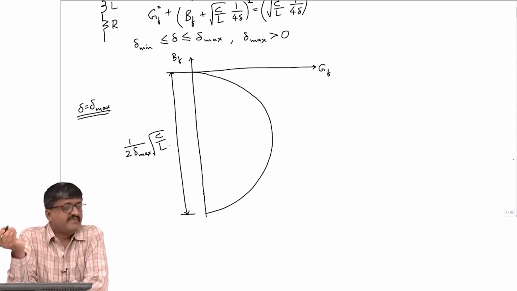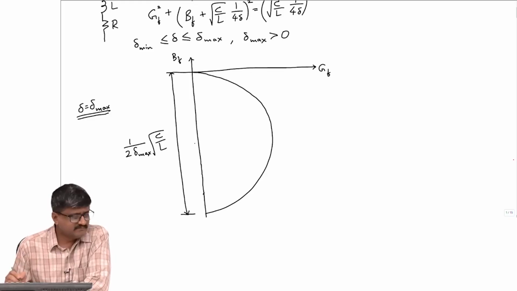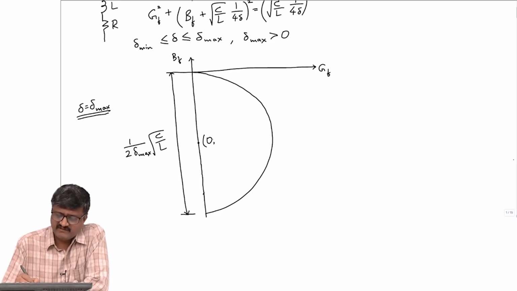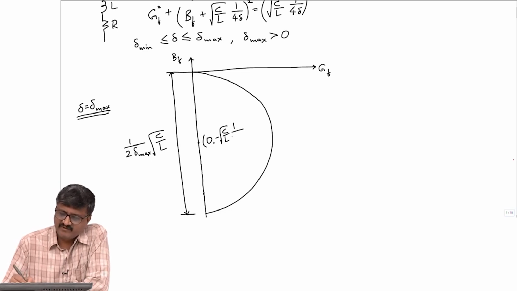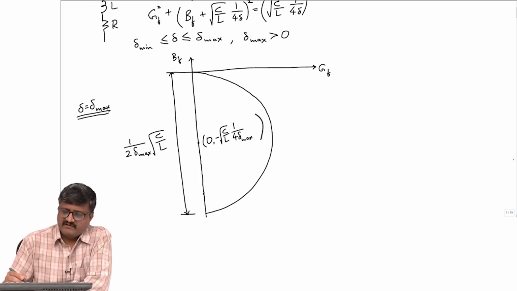Radius is root C by L 1 by 4 delta max. So, the center of the circle is somewhere here. At the center, the value of GF is 0, and the value of BF is minus root C by L 1 by 4 delta max. C and L are positive, so we take the positive square root, and there is a minus sign, and delta max is positive.